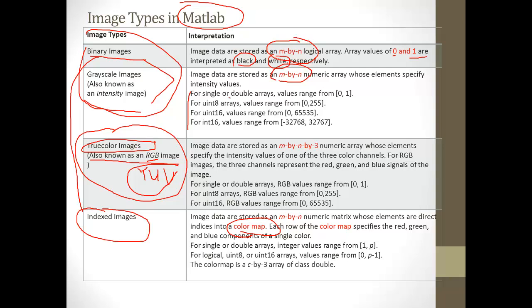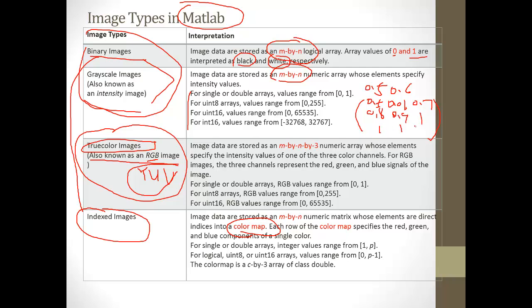The first type is called single or double precision gray images. The values in the matrix are from 0 to 1. They could be 0.5, 0.6 or something. For example, for this image, 0.5, 0.01, then 0.7, because a matrix is an image, as I already emphasized many times.